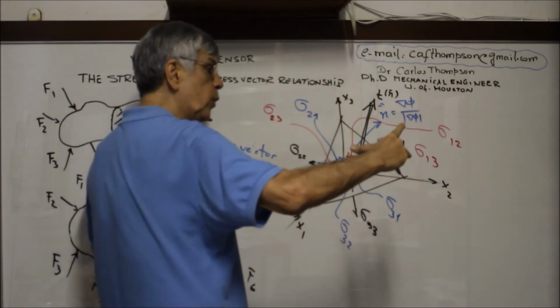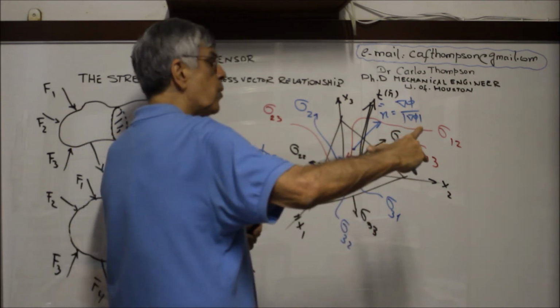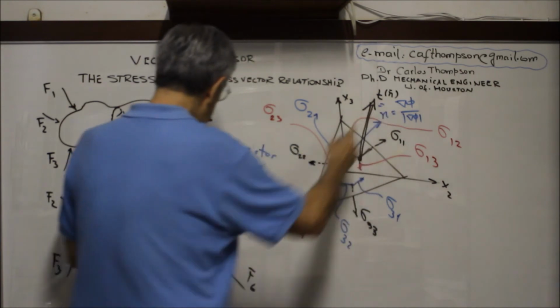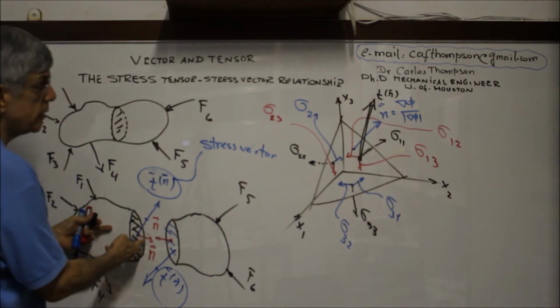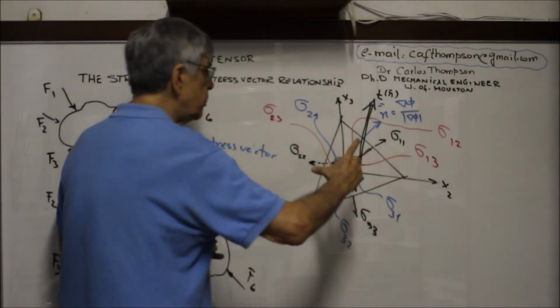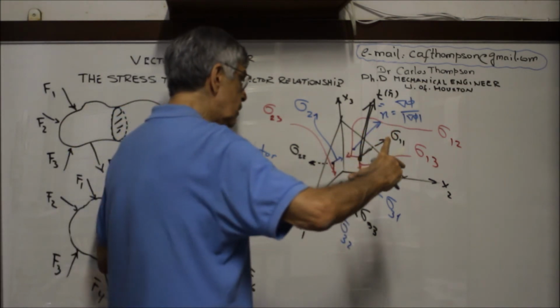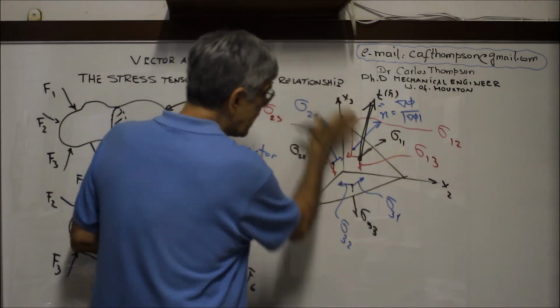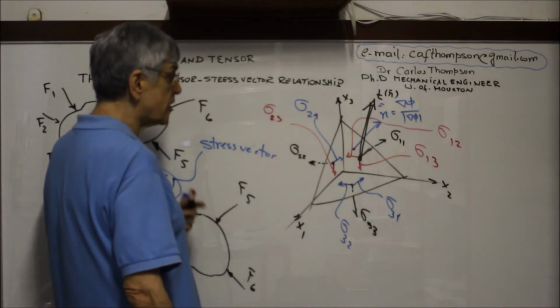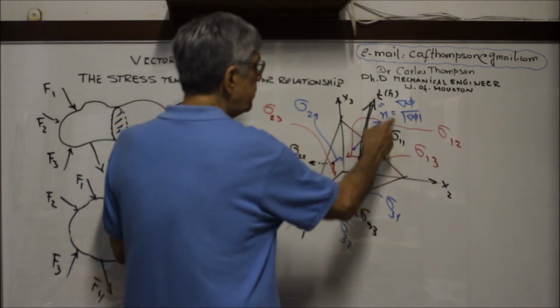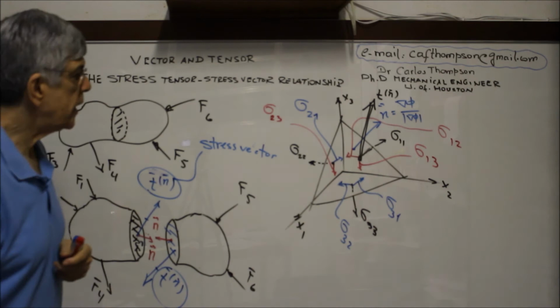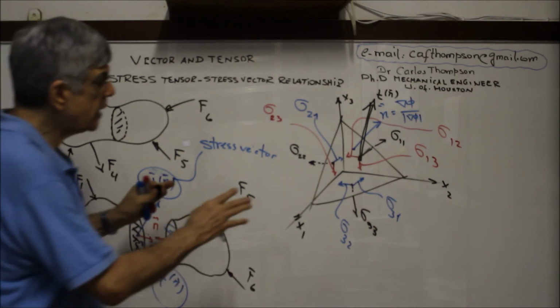So the influence of the right part is T of n, exactly like I did here. This is a tetrahedron. There is one face in contact with this, which I cut at a certain angle, which gave me the unit n. Do you understand this?